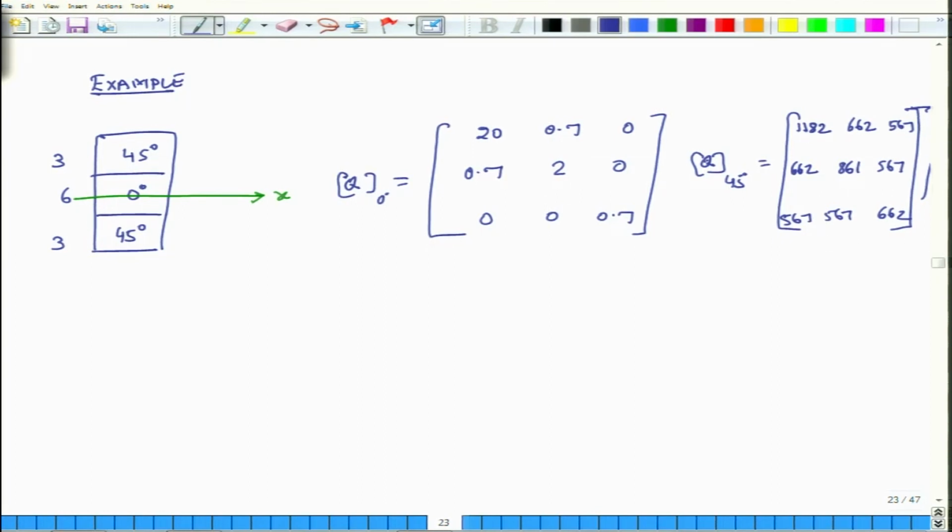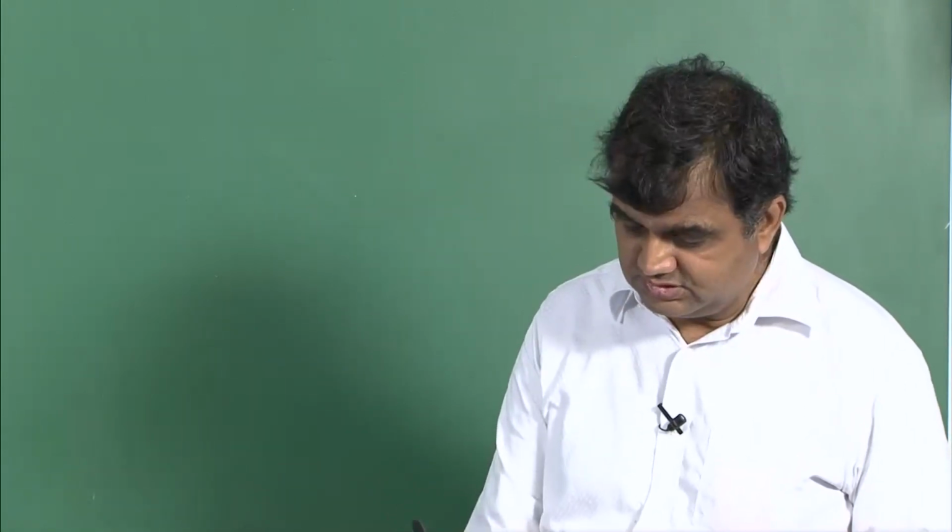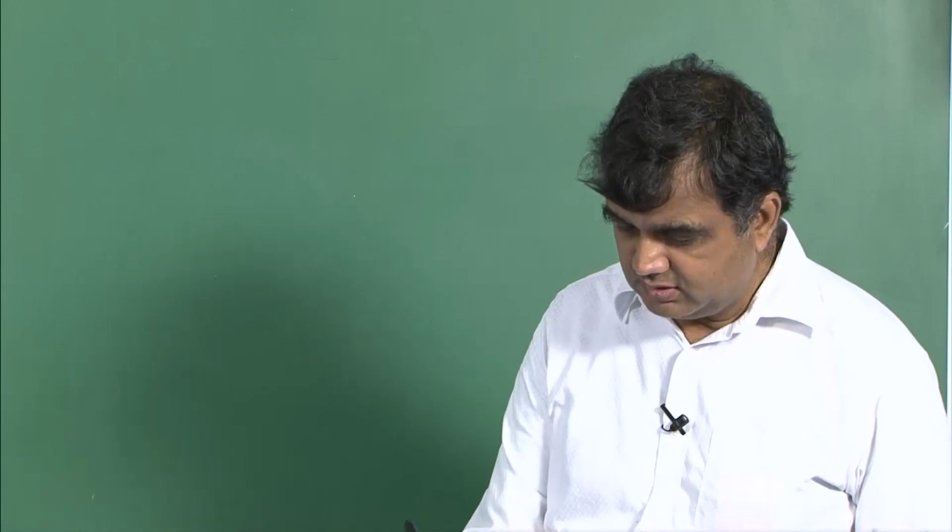And for this composite, we want to find whether it is going to fail or not. To know that, we have to know the external force and moment resultants on this system. That is given.